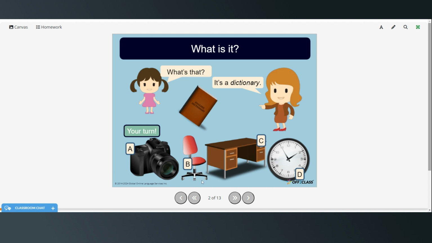What's that? It's a chair. What's that? It's a desk. What's that? It's a clock.